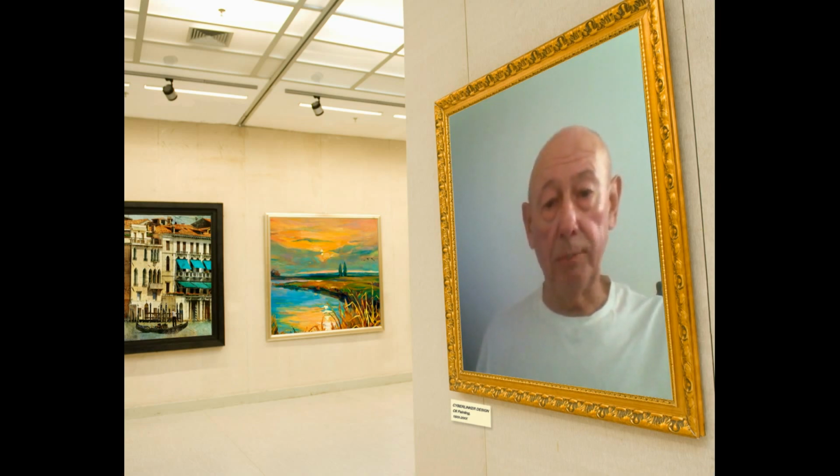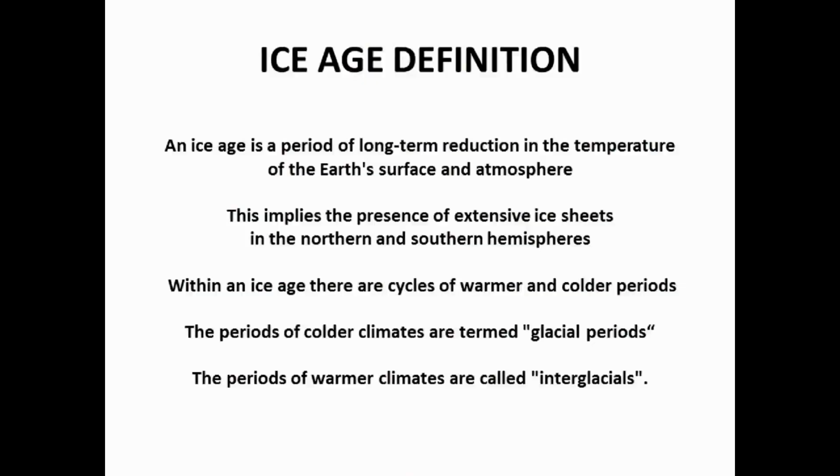So let's attempt to clarify by looking at a standard definition of an ice age. It says that an ice age is a period of long-term reduction in the temperature of the Earth's surface and atmosphere. This implies the presence of extensive ice sheets in the northern and southern hemispheres. Now the next points are important for our overall understanding.